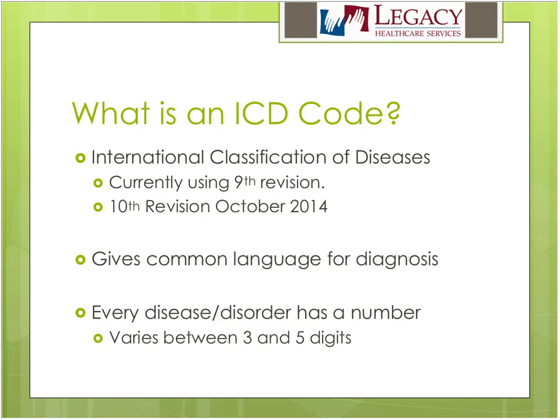So every disease or disorder has a number that's associated with it, and each of these numbers can be between 3 and 5 digits long. The number of digits is going to tell us the specificity of the code. So the 3-digit codes are going to be more generic, more general in nature, and the 5-digit codes are going to be more specific in nature.